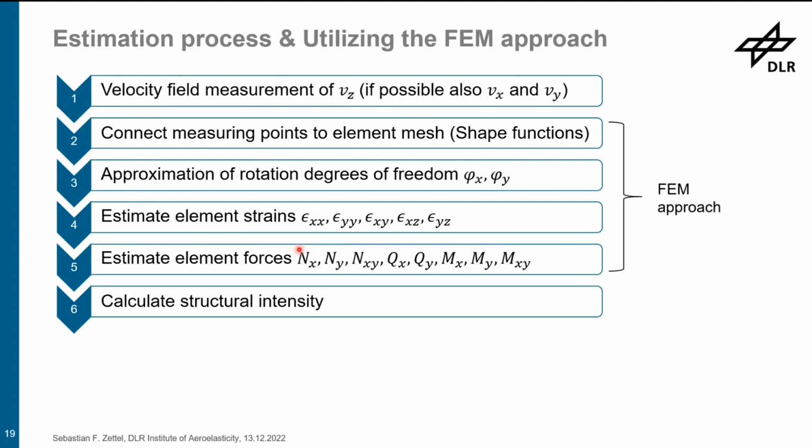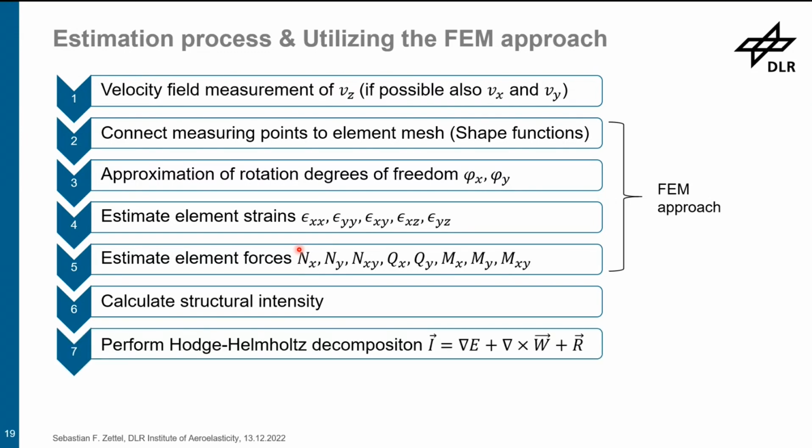And as I showed you before in the example structural intensity fields of the plate and the wing box, these power flows or structural intensity flows can become very complex and confusing, so you can't directly see where sources and sinks are present.